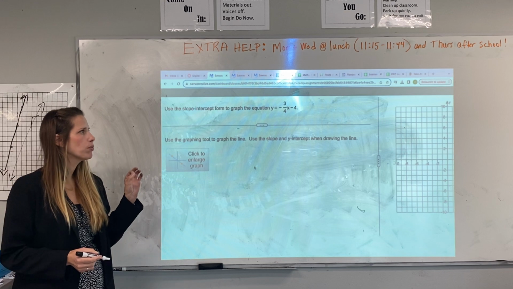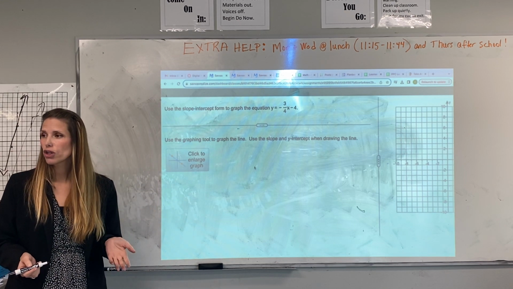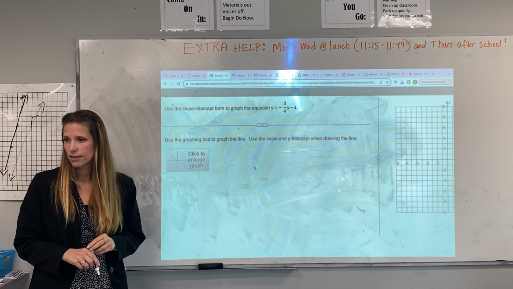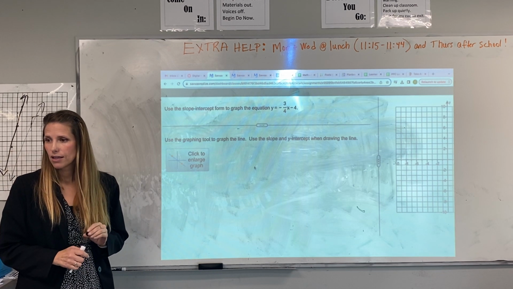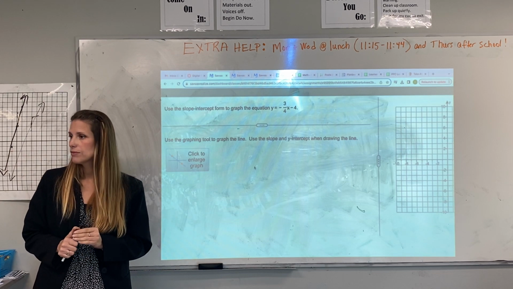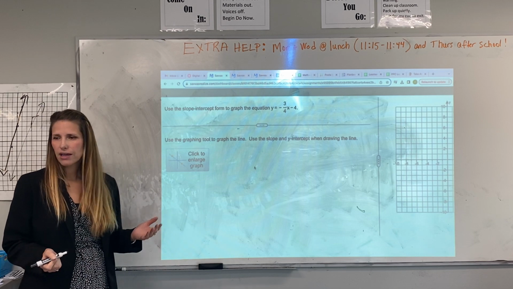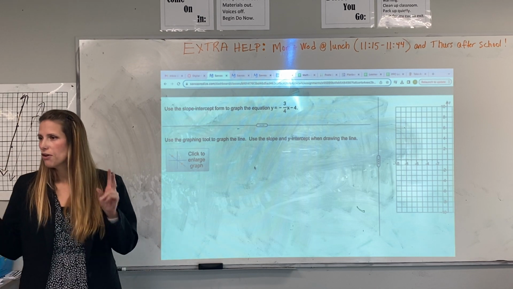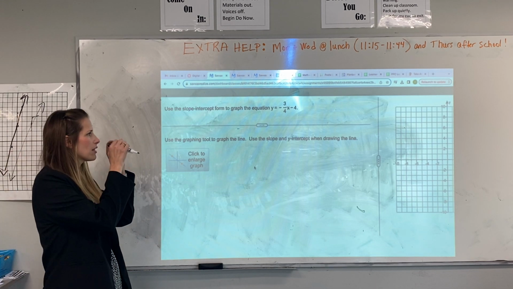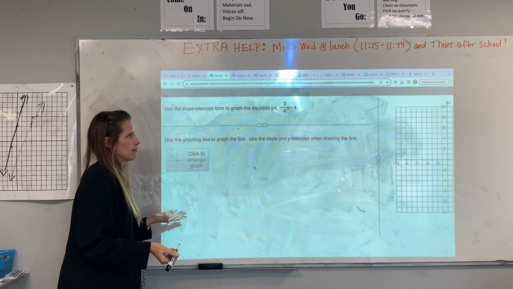What is step one when we're graphing a line that gives us slope-intercept form? No, that would be standard form. Yes, we identify the y-intercept. You actually don't even need to find it. You just look at the equation of the line and identify it.